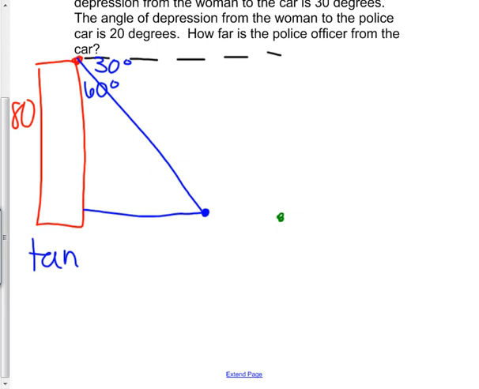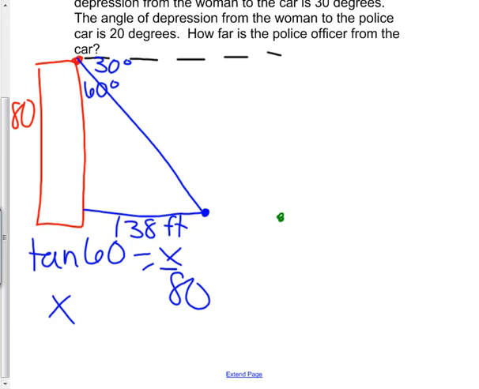You could, but I think doing it this way gives everyone the practice because it's not always going to work out that way. So tangent of 60 is equal to opposite over 80. What does that x come out to equal? 138 feet.